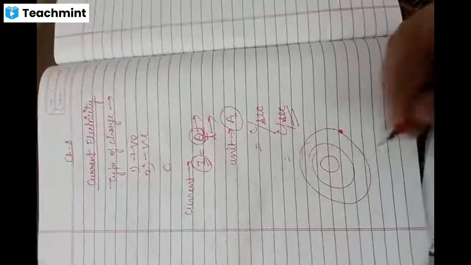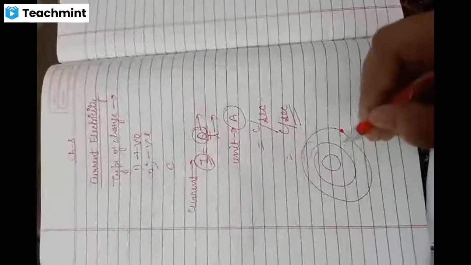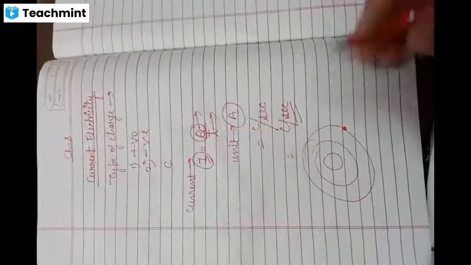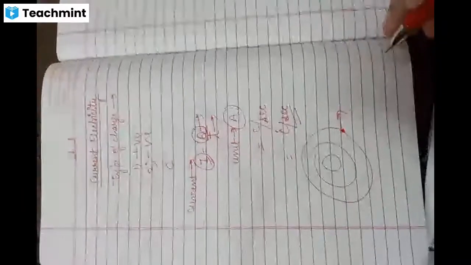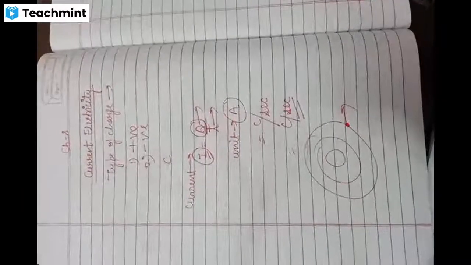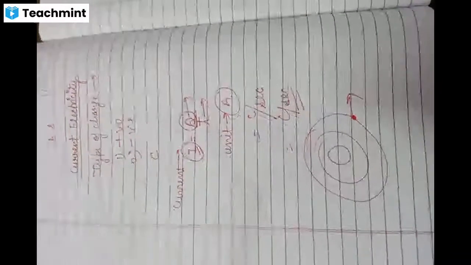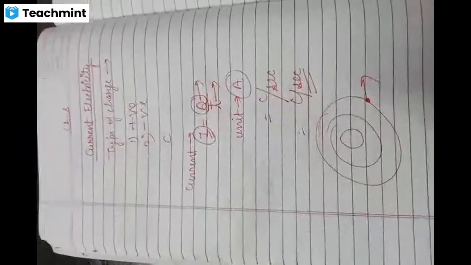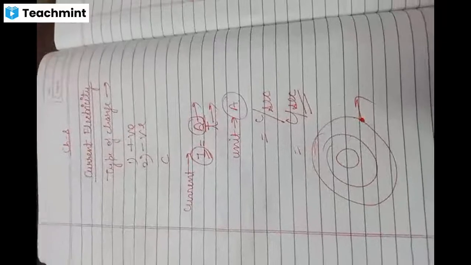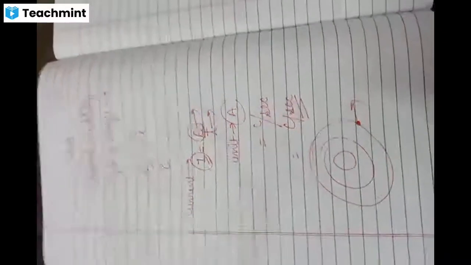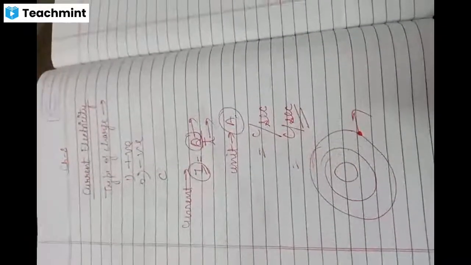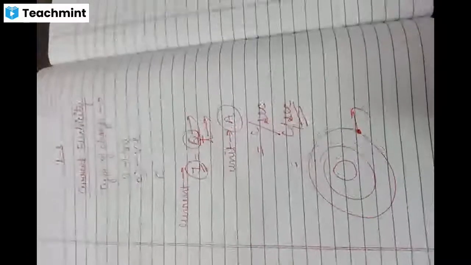The electron present in the outermost shell, which has the least force of attraction with the nucleus and is free to leave the orbit, is called free electron. Because of these free electrons only, the current or electricity flows. So free electrons are responsible for the flow of current.